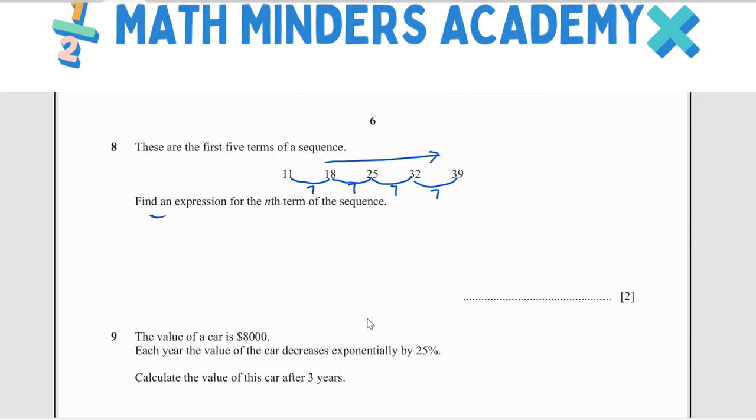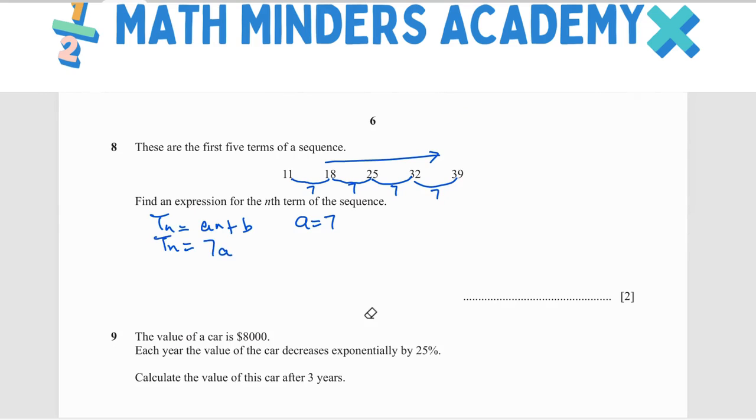Now, the nth term of this sequence can be given as an plus b. Now, a is actually the common difference here, and then we'll find out what b is. So Tn is going to be 7n plus b.